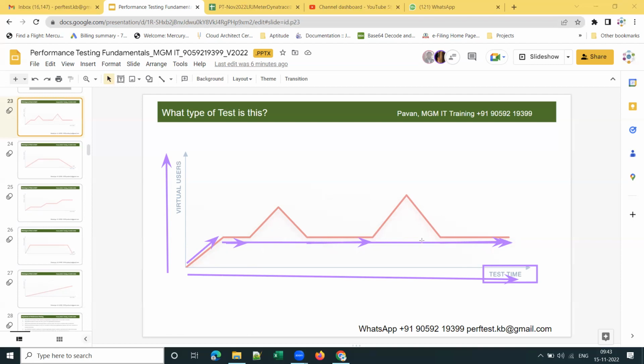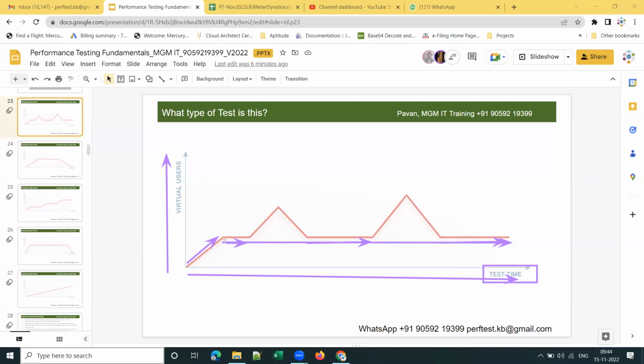Now, what type of test is this? Spike testing, right? That is what we discussed. Spike testing is done for applications which have a sudden increase in user load for a shorter duration. This example best represents the IRCTC application, Tatkal booking.